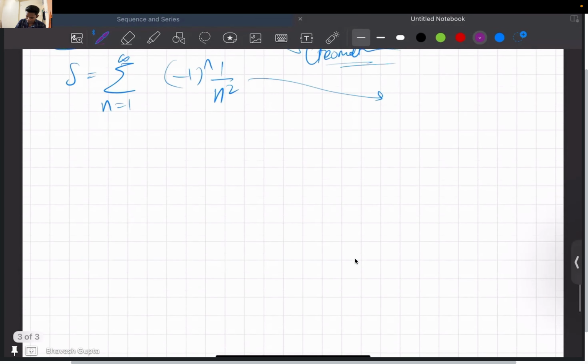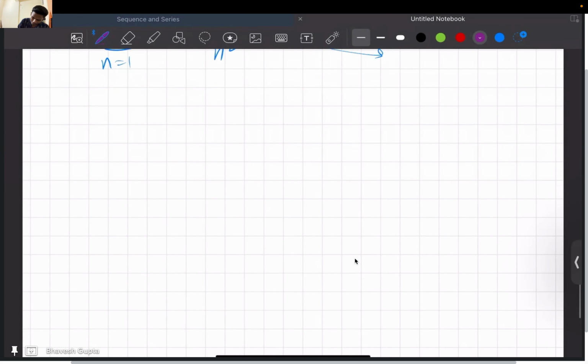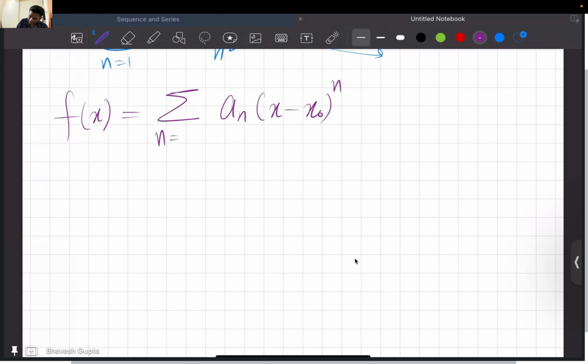If you are a little confused, then let me write down the Laurent series for you. Basically, the Laurent series looks like this, and it goes from minus infinity to plus infinity. Here you can see it has both parts. So this is the Laurent series.